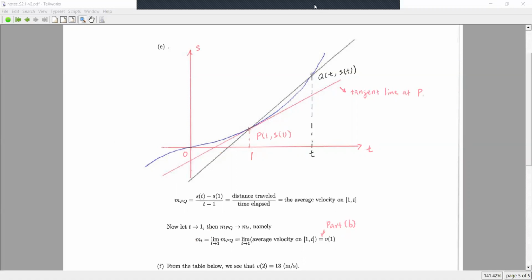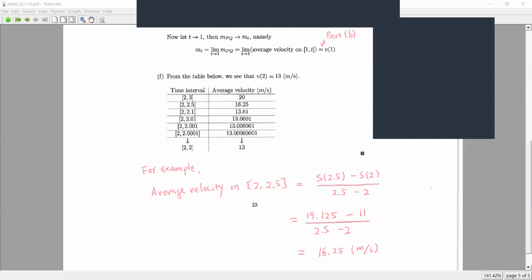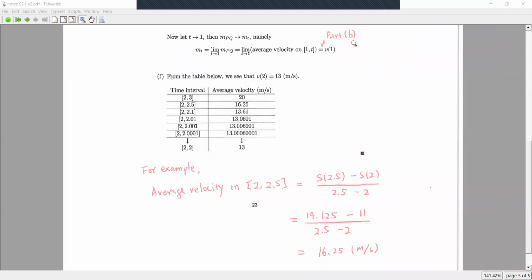The last question, question F. Find the instantaneous velocity of the car at the time t is 2. Similar to part B, here I use average velocities together with a limit to find v of 2, the instantaneous velocity of the car at the time t is 2.